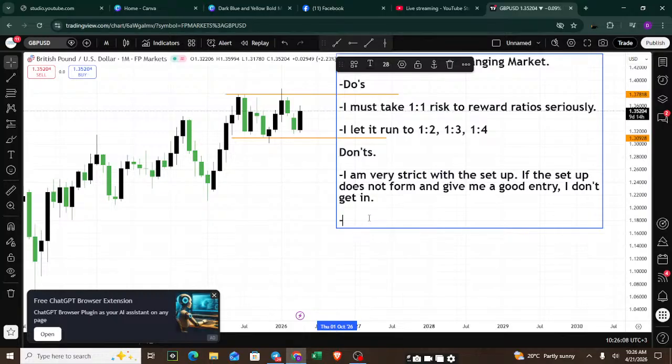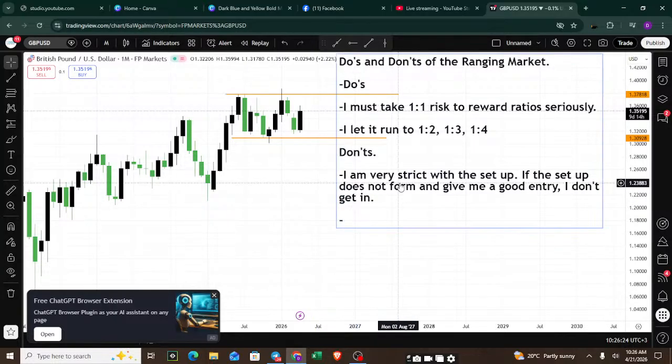So these are the do's and the don'ts of the monthly time frame. Number one, I must take 1:1 risk reward. Number two, I have to be very strict with the setup. If the setup does not form and give me a good entry, I don't get in.